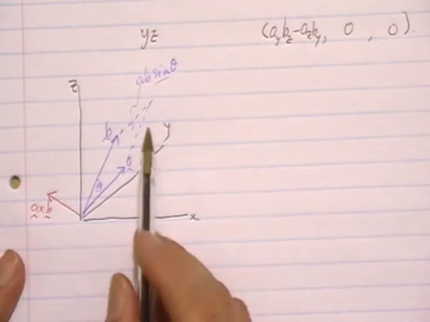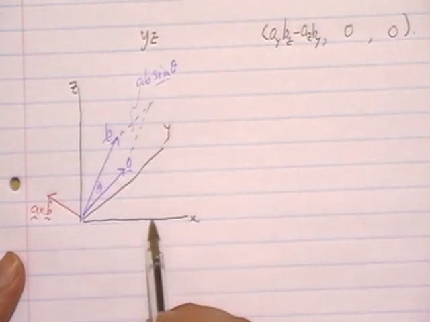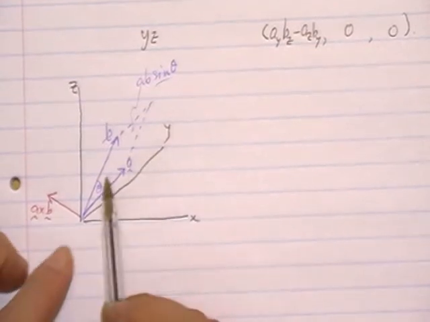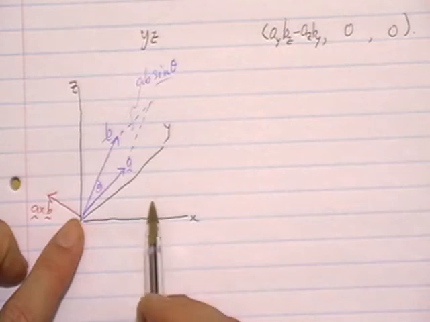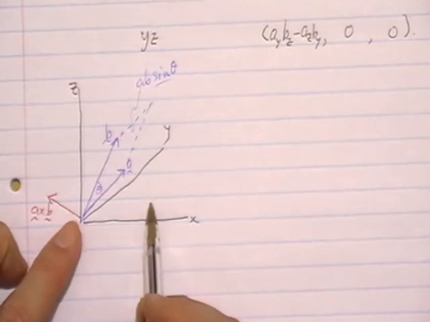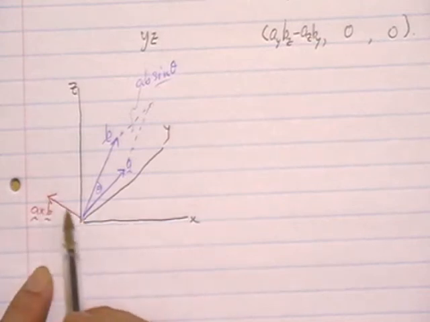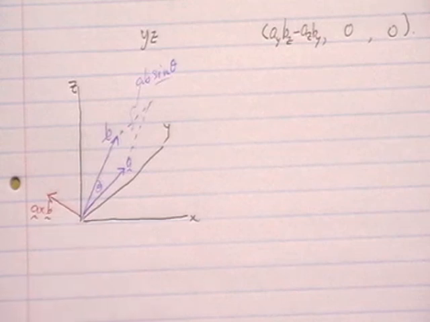And for each projection, for example to the xy plane, prove that the area projected onto the xy plane is equal to the vector A cross B projected along the z direction.